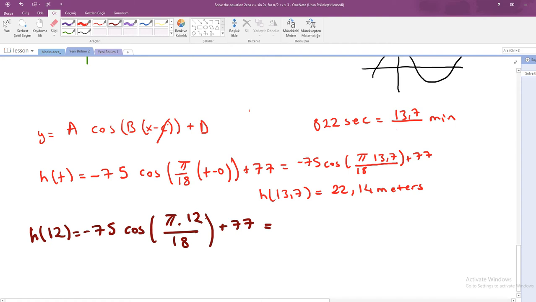Let's calculate it. 75 times cosine of 5 times 12 divided by 18, and this equals 114.5 meters.